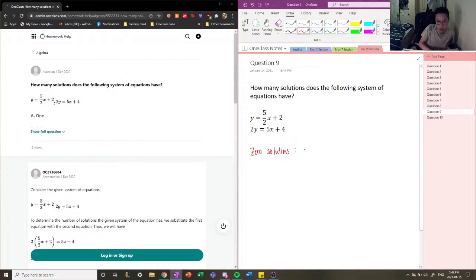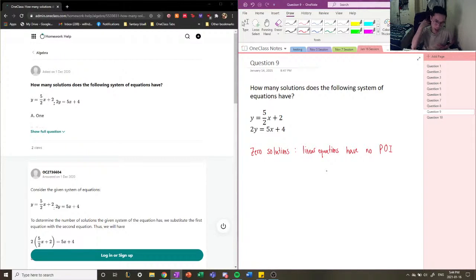If we had zero solutions, this means that the linear equations have no point of intersection, or POI. This is mainly because they have the same slope and they're parallel to each other. They have the same positive slope or negative slope, and they never intersect each other.